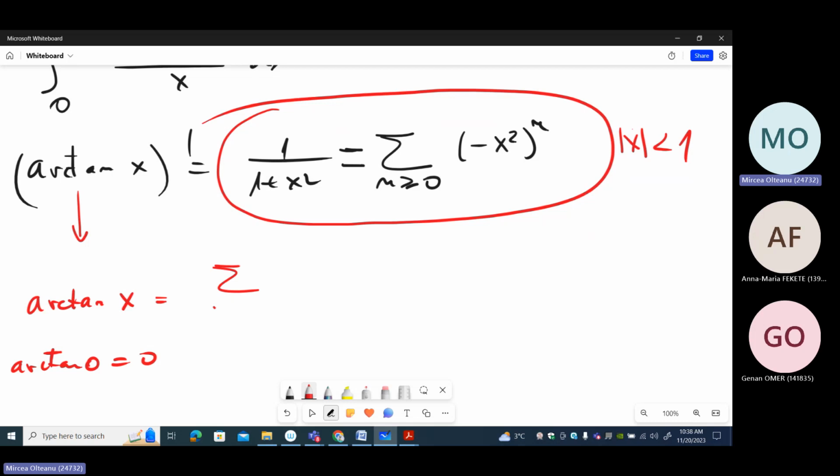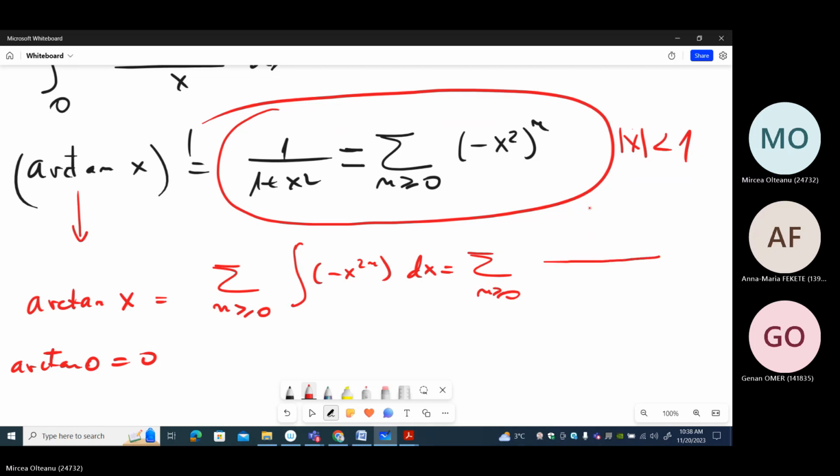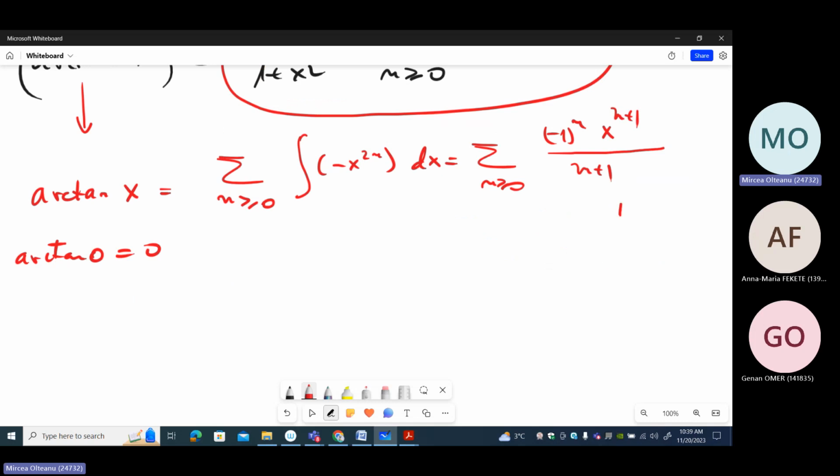We get this. So the formula holds if modulo of x is less than 1.